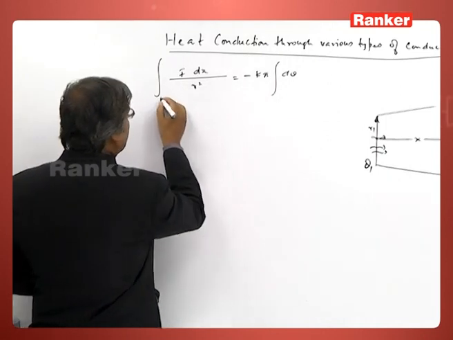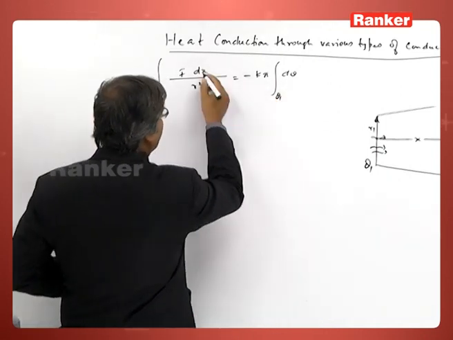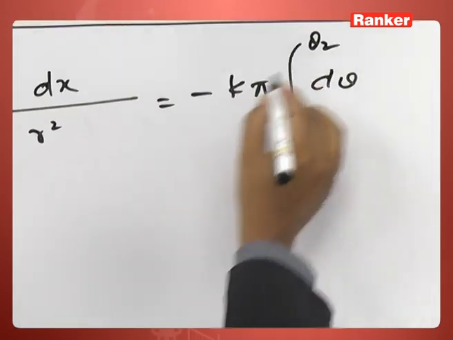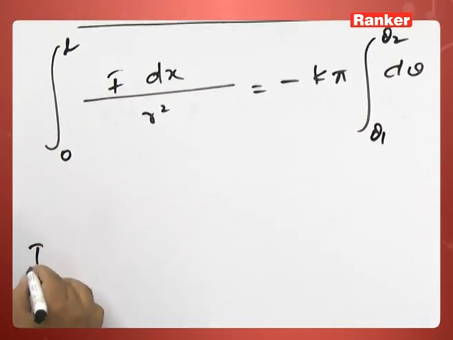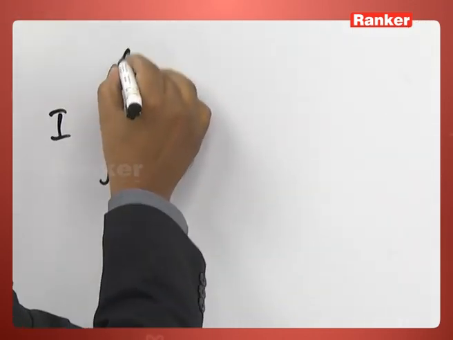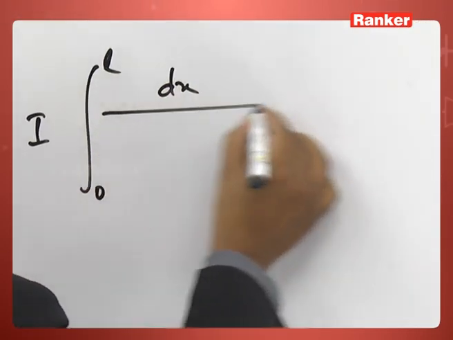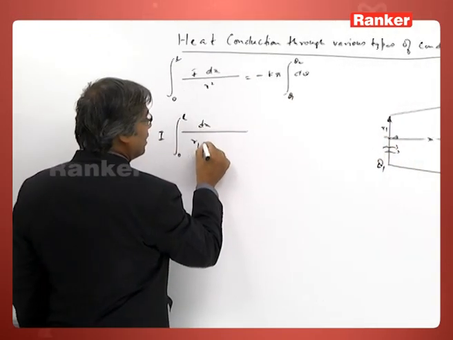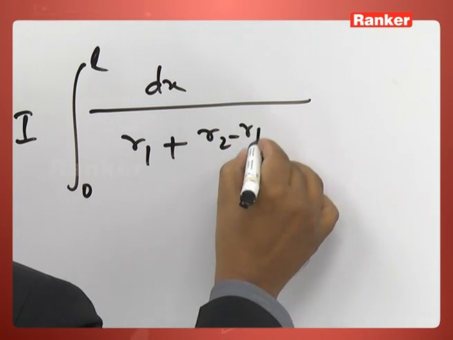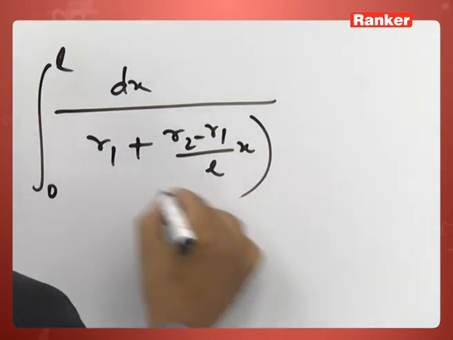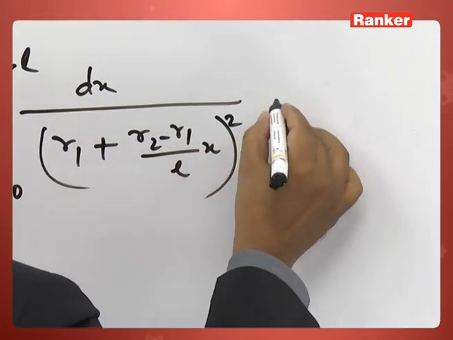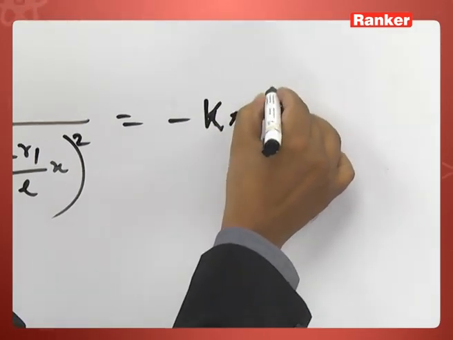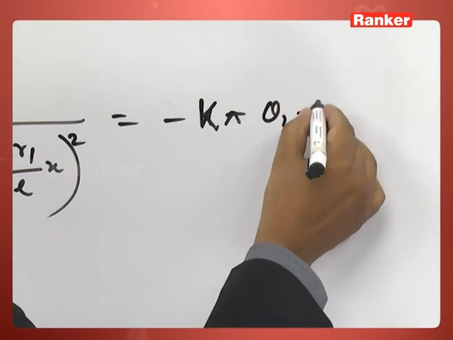When x is 0, theta is theta 1, and when x is L, theta is theta 2. So, the integration I from 0 to L of dx by r square, substituting the value of r, that is (R1 plus (R2 minus R1) by L into x) whole square, is equal to minus k pi times the integration, theta 2 minus theta 1.